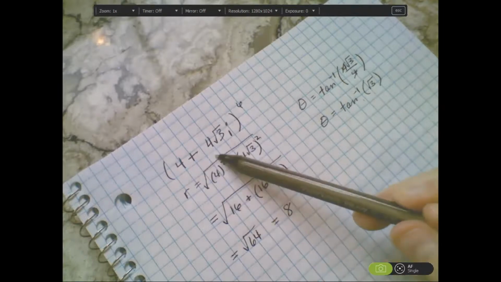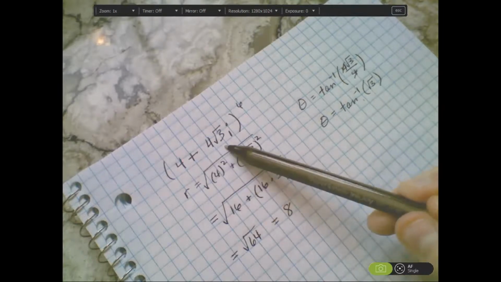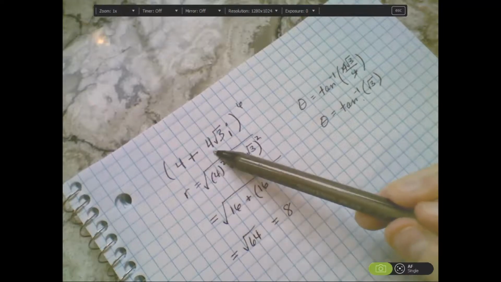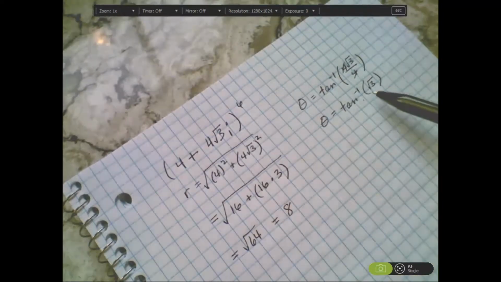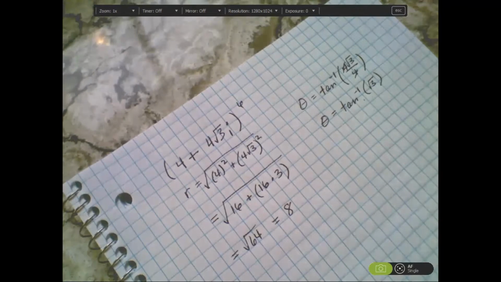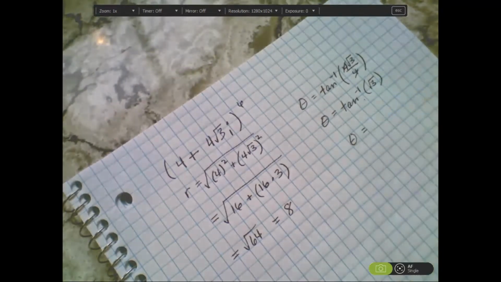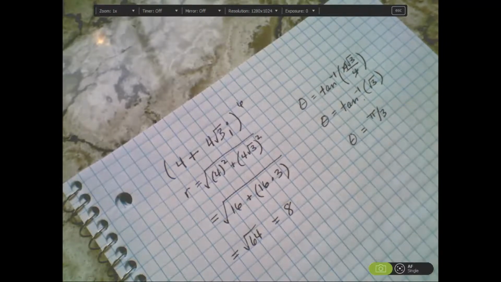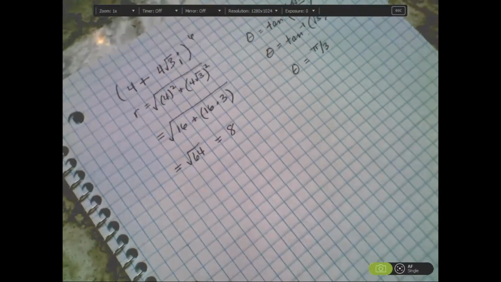So I look back up here at my original number that I was given. This is in the first quadrant because both of these are positive. So I need to think about a place in the first quadrant where tangent is going to be √3. These are a little bit harder than the pi over 4 places, but I believe that's going to happen at pi over 3.